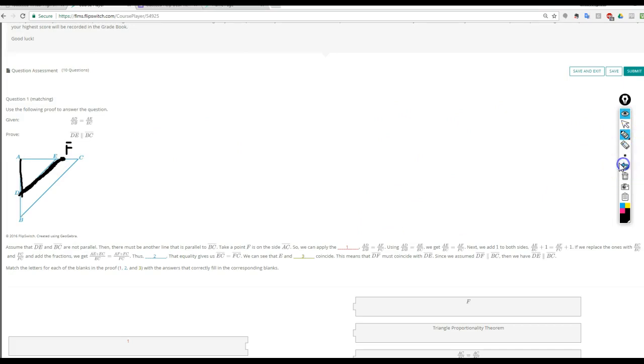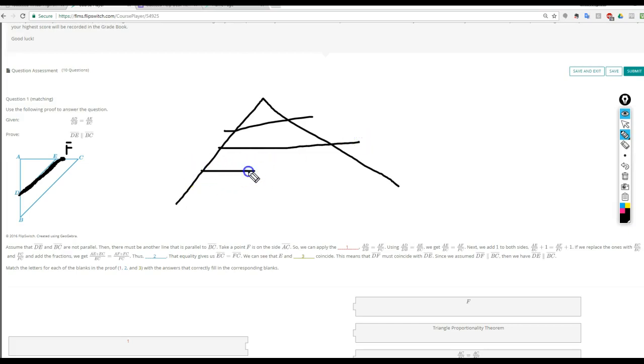I think of it as a ladder. If you look sideways at a ladder, it has rows and the steps are parallel, and each of these are proportionate. So this is proportionate to this portion, and it would have to be the same proportion from here to here.